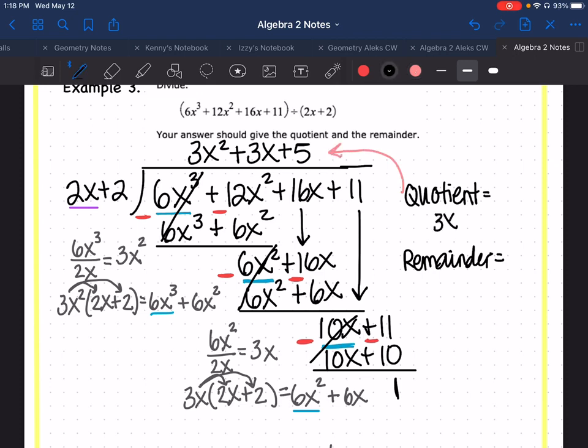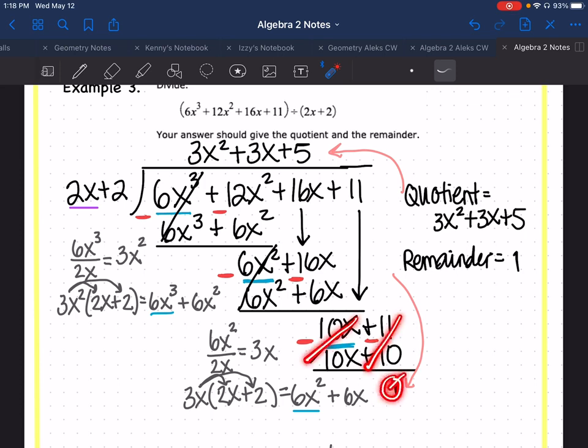I'm going to write it down here like this so that it fits. And that your remainder is the number down here at the bottom. Yes, you could end up with a remainder of 0. If you end up with everything canceling, it can happen where these would cancel just like these would cancel, and you would then have 0 if that happens. But otherwise, you're going to have something like this.